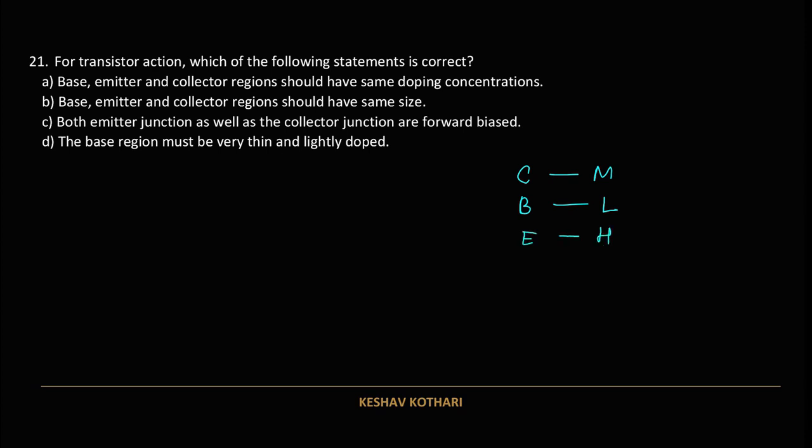So this must be kept in mind. And the next thing is that the base region is very thin. So it is approximately of the size 1 micrometer and is thinner than the other two regions, that is the collector and emitter. So based on this, option D is correct, that the base region must be very thin and lightly doped. Let us move to the next problem.